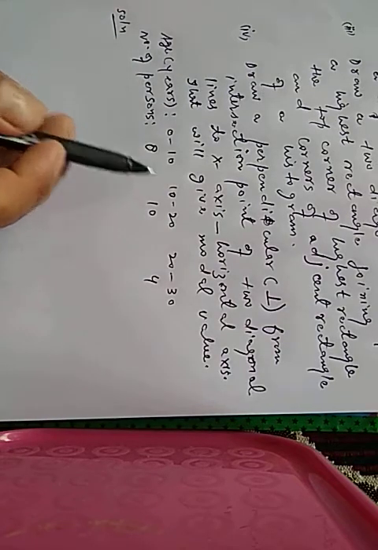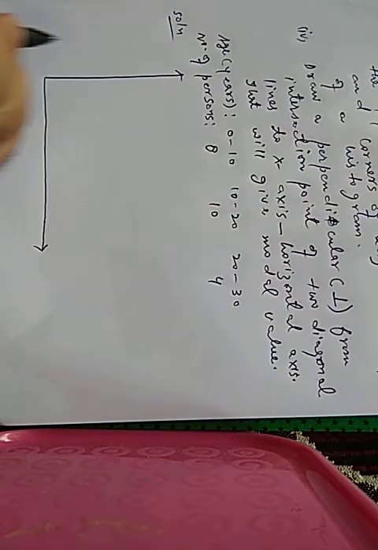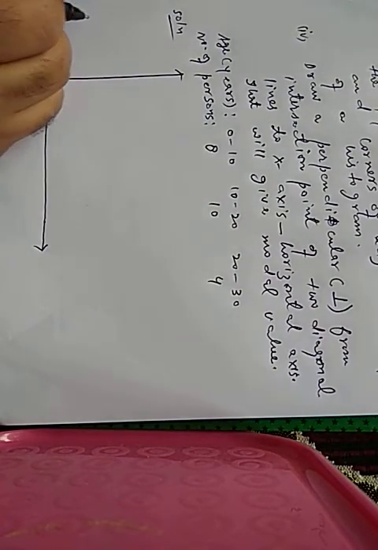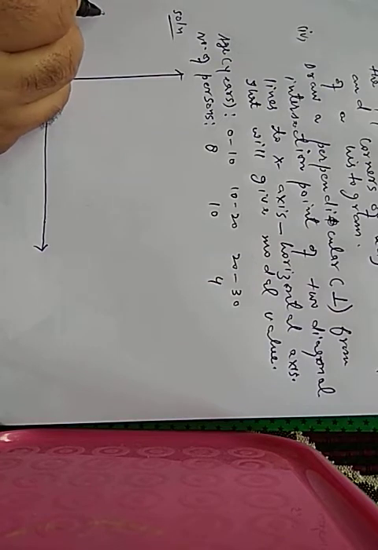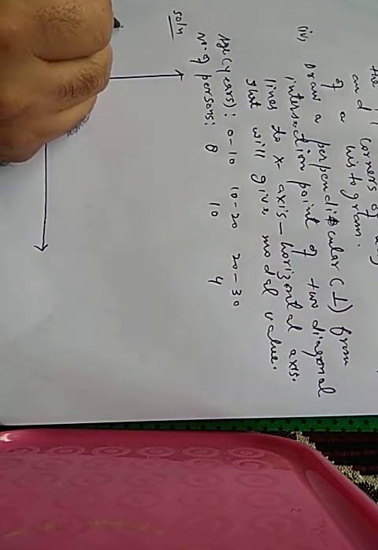Now first we will draw the histogram of this data. On y-axis, or we can say on vertical axis, we take frequency of a variable, that is number of persons in our example.